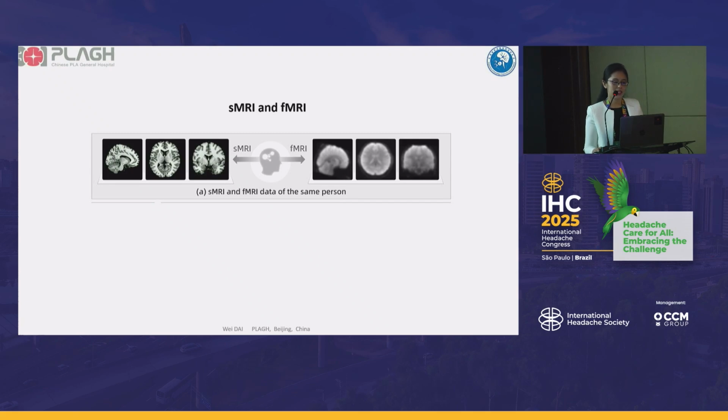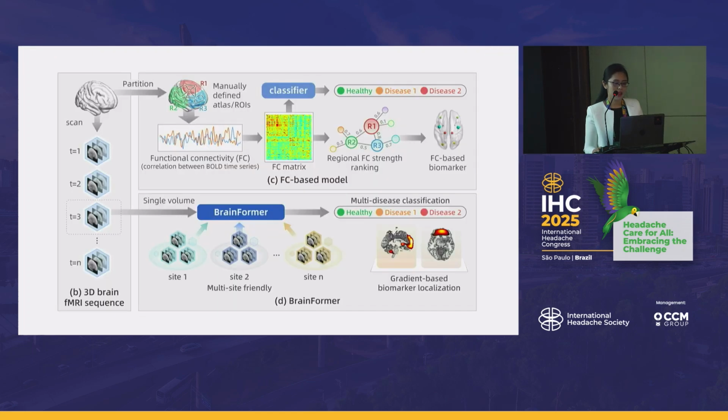And they can show the changes in blood oxygenation levels associated with brain activity. These fMRI images can provide us much information for brain functional changes and for brain functional disorders like migraine.